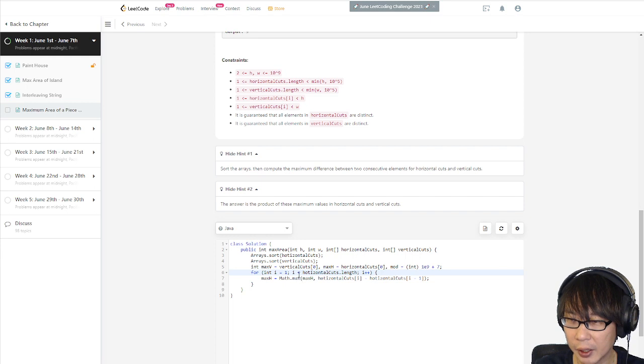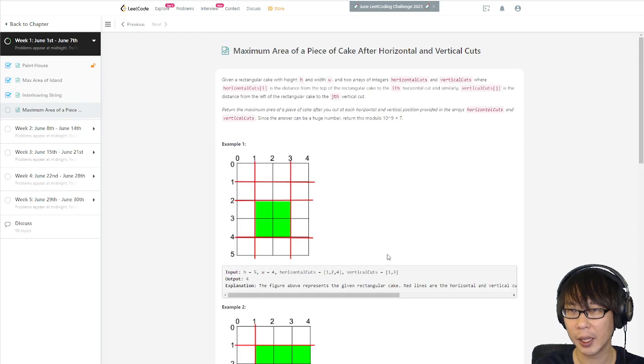And then I can still do i minus this one. And then I need this distance, right?